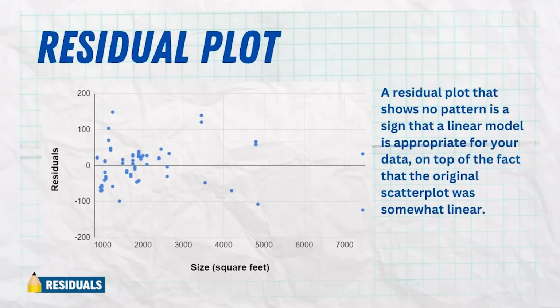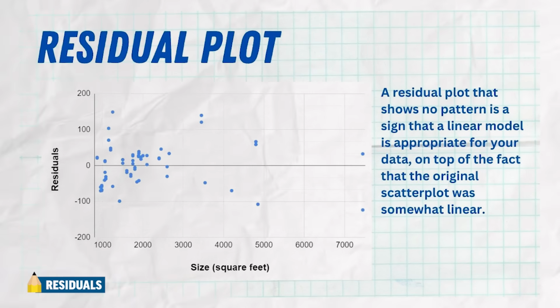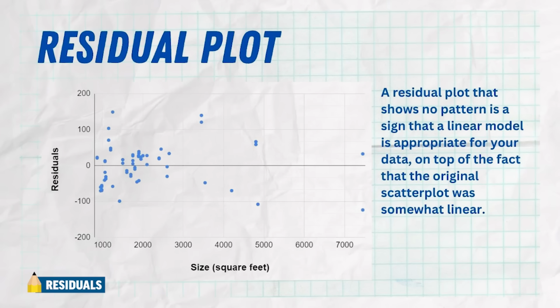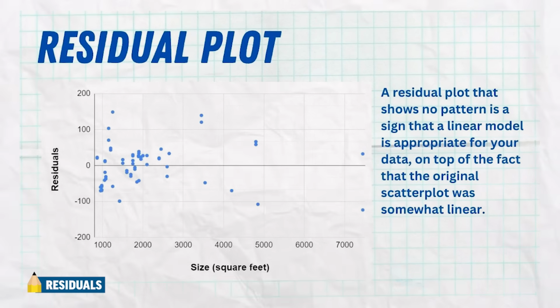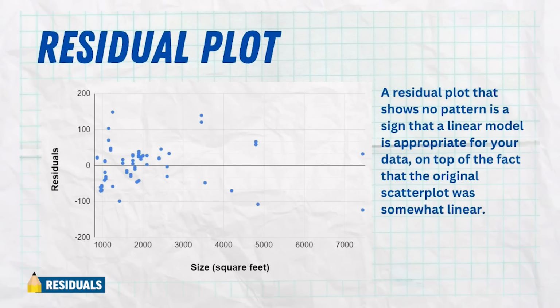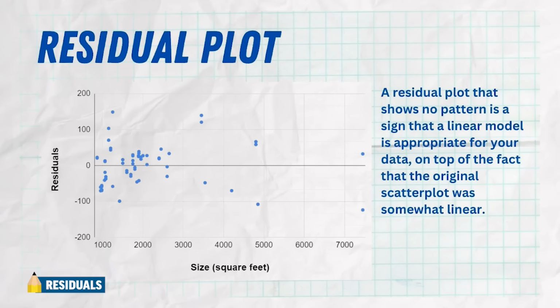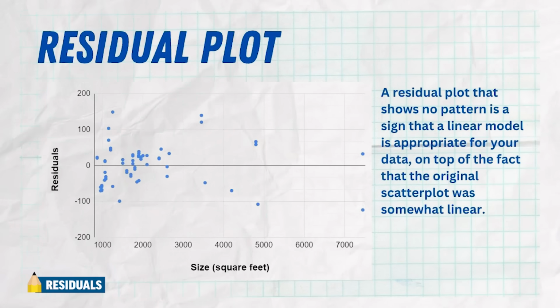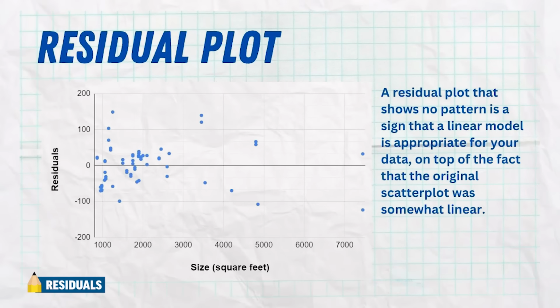Again, positive residuals above 0, negative residuals below 0, and we should see these positive and negative residuals throughout. If you actually see a pattern or a curve in a residual plot, that is an indicator that your original scatter plot was not linear, and a linear regression model should certainly not be used for it.